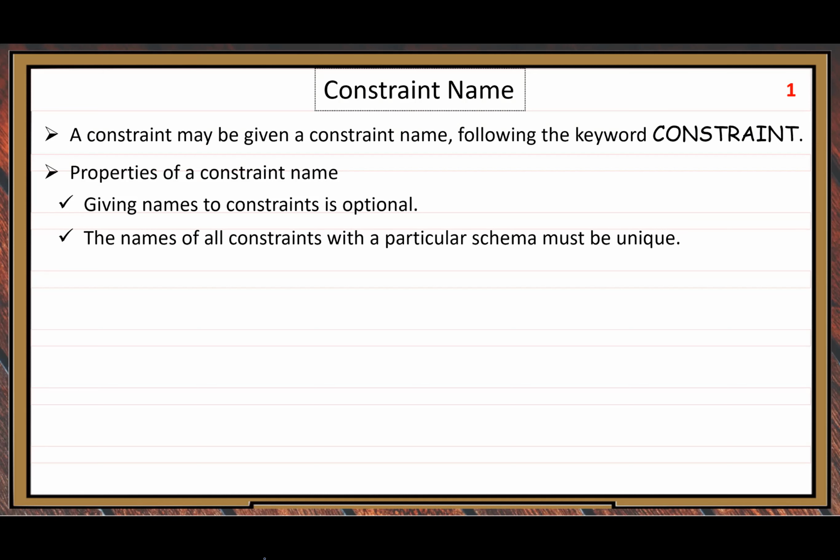The names of all constraints within a particular schema must be unique. That's a simple requirement, and by logic, it's natural. With a particular schema, we know one schema corresponds to one database.